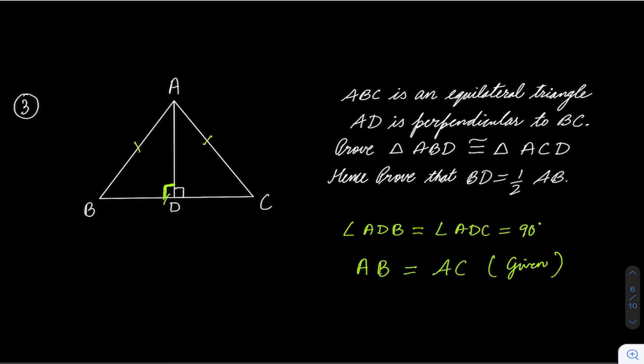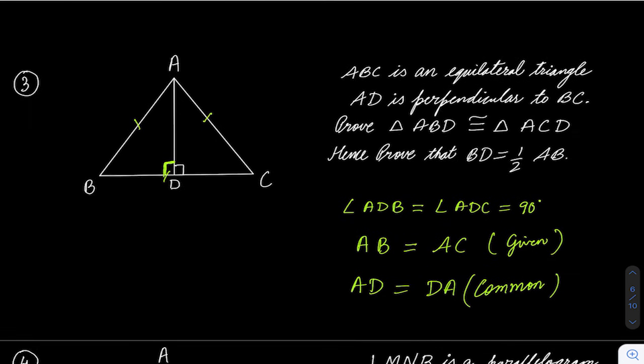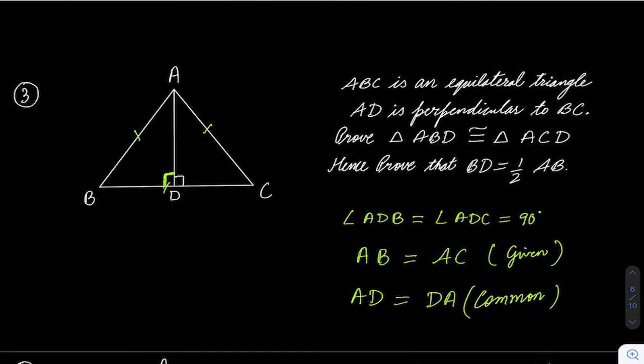Right angle, hypotenuse and one side. Look closely, ABD and ADC have AD as a common side. So AD is equal to DA, we can say this is common. So by RHS, we can say these two triangles are congruent.